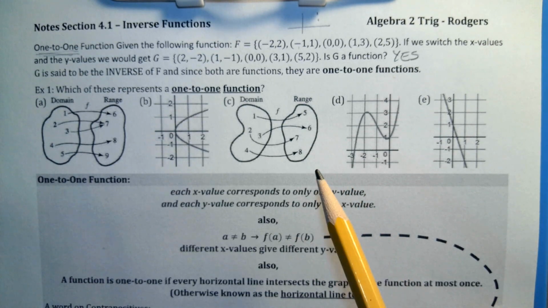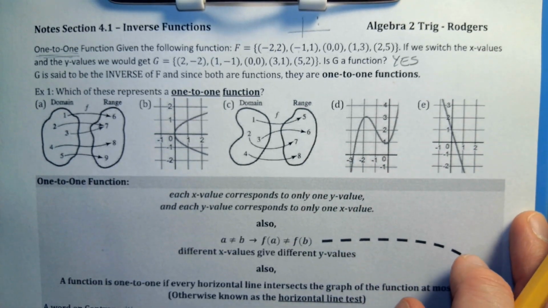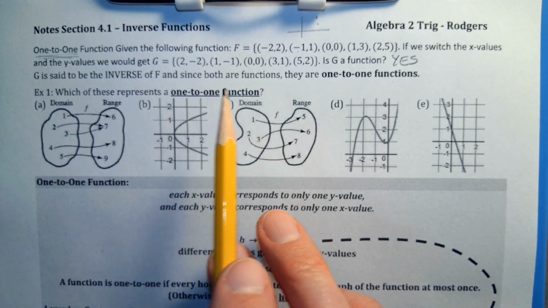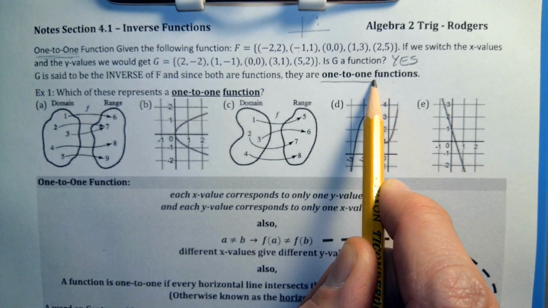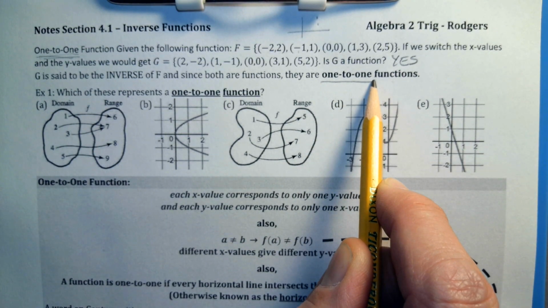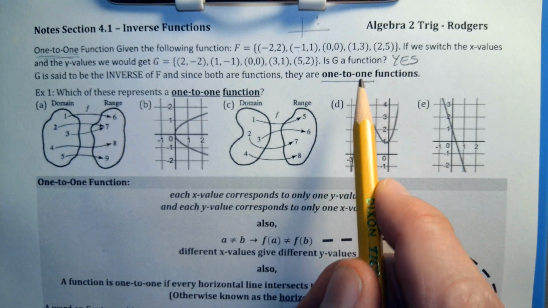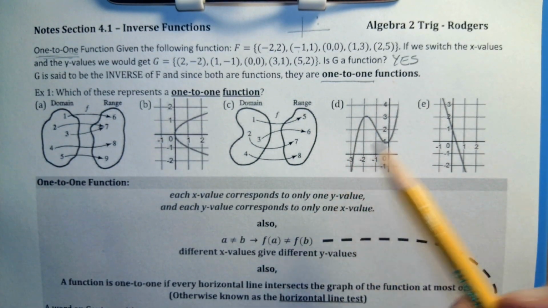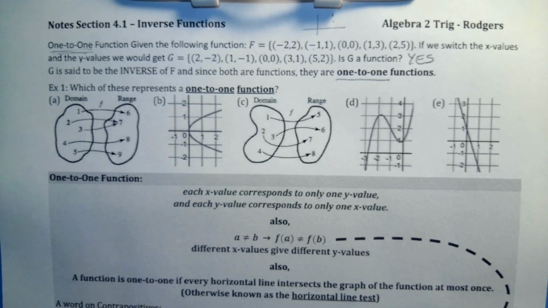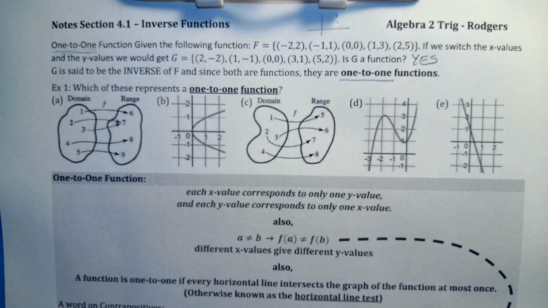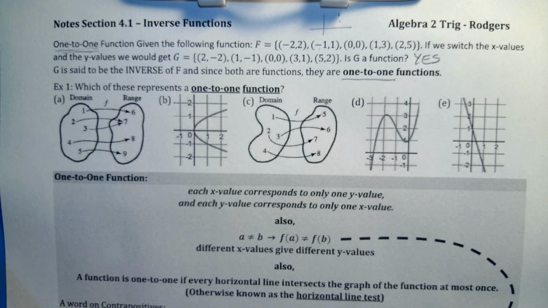And since they are both functions, that means they are both what we call one-to-one functions. A one-to-one function is a function, and its inverse is also a function. If a function's inverse is also a function, then both functions are referred to as one-to-one.